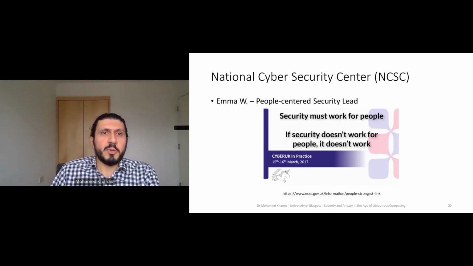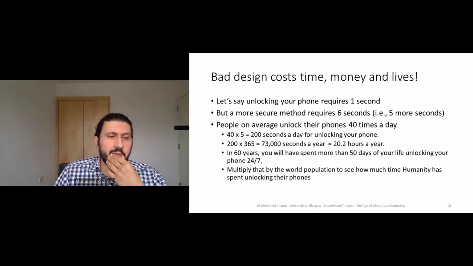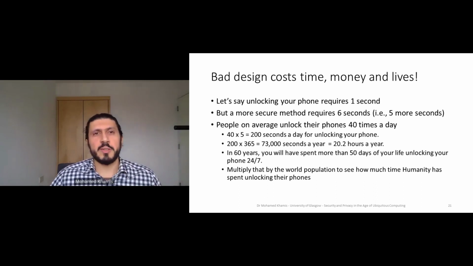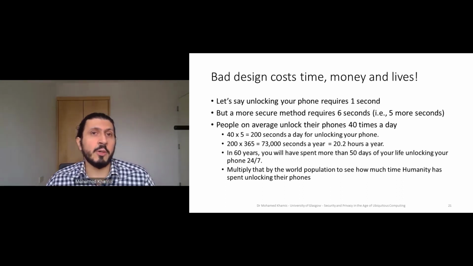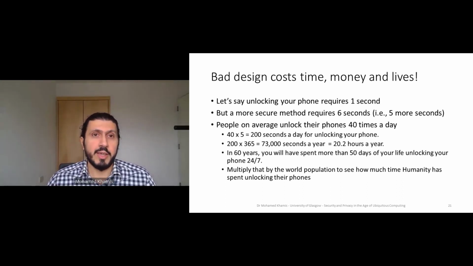And just to give you an easy to grasp example, let's say that to overcome this thermal attacks problem that I presented earlier, I can come up with a method to unlock your phone which is more secure against thermal attacks. Let's say that unlocking your phone takes 1 second, and this new fancy secure method takes 6 seconds.